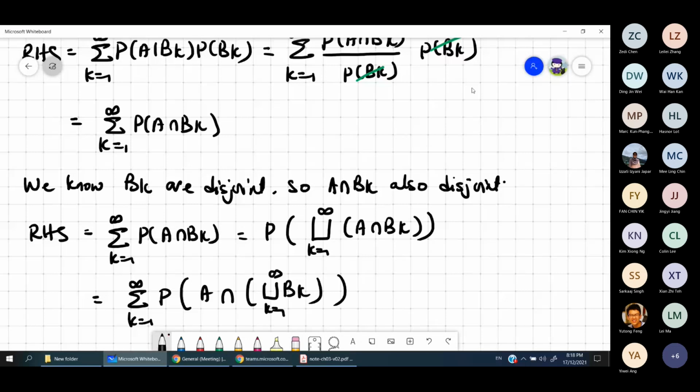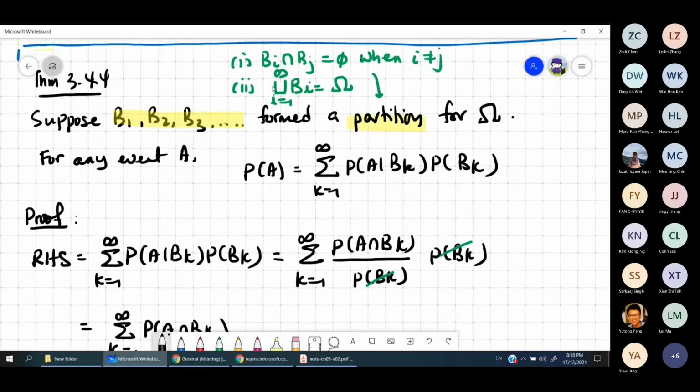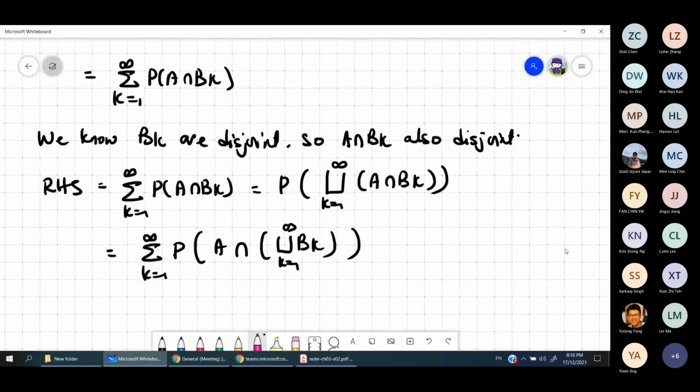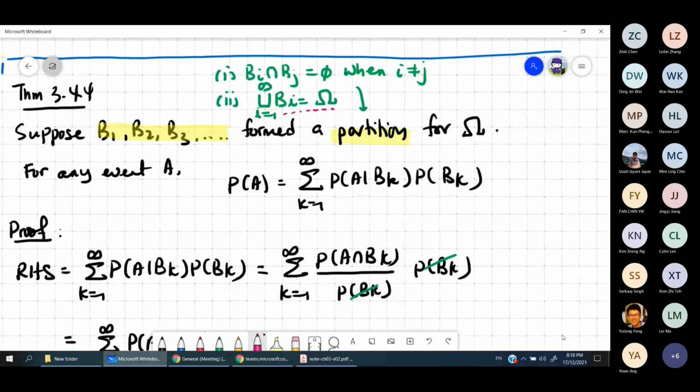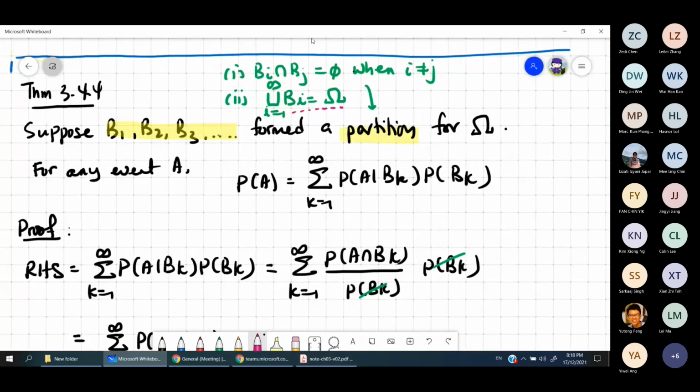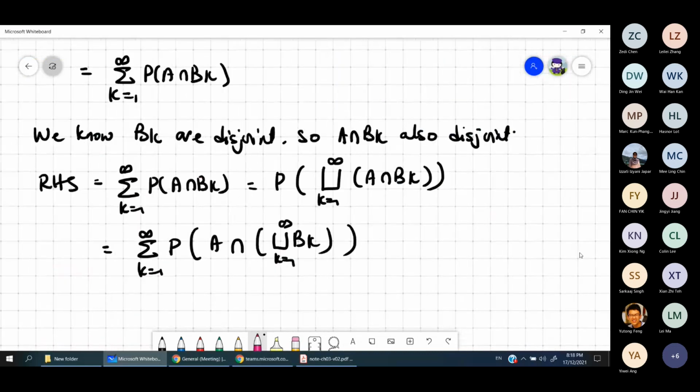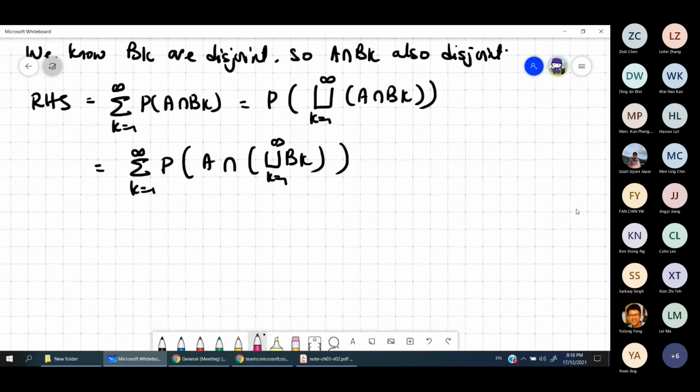And also, according to our hypothesis, the union of all the B_i equals Ω. So that means this will become P(A and Ω). I think it's clear.